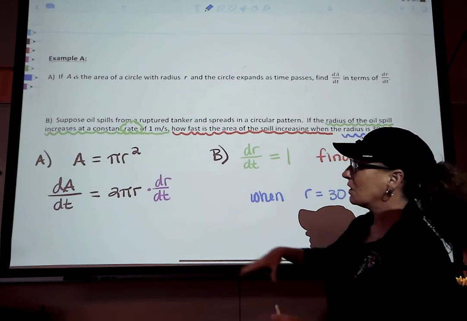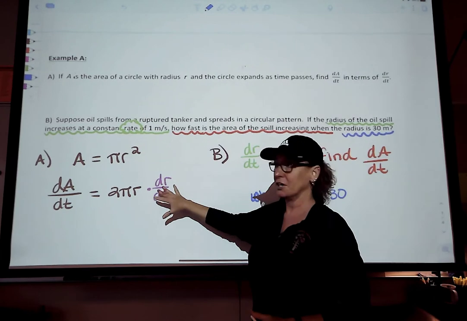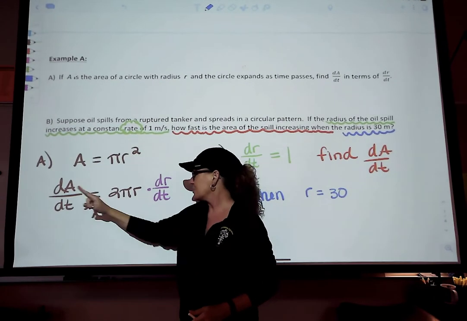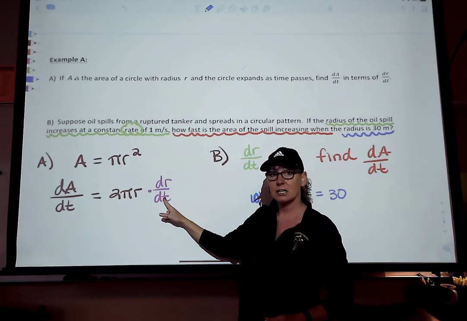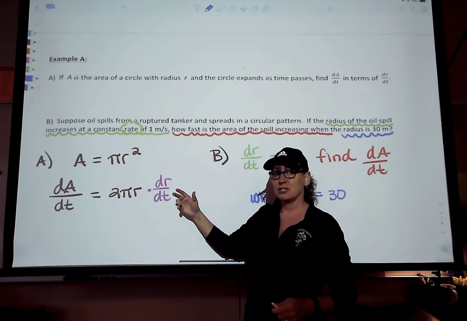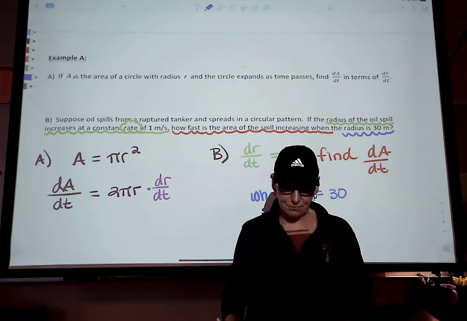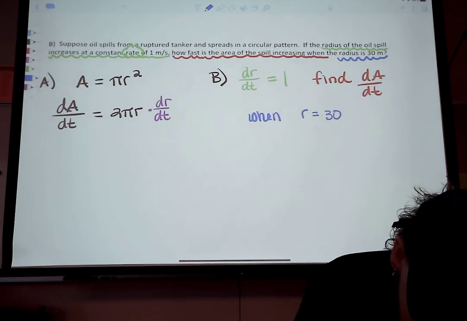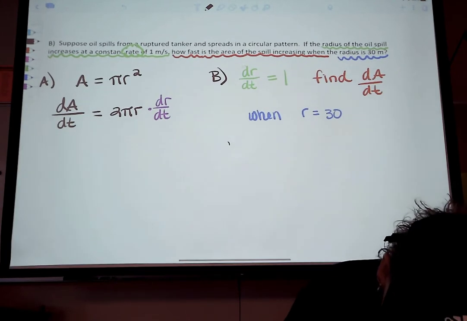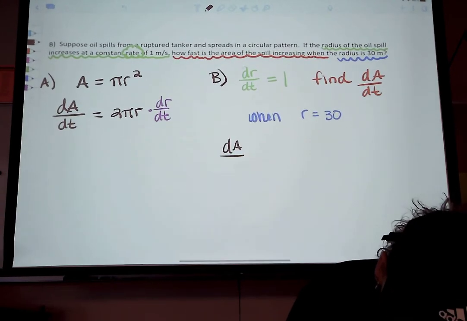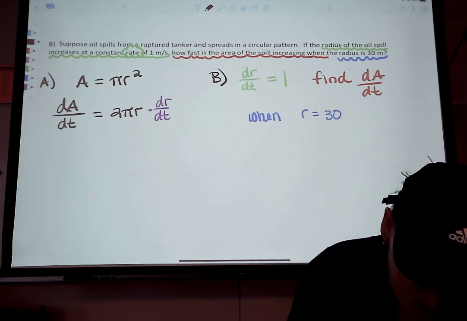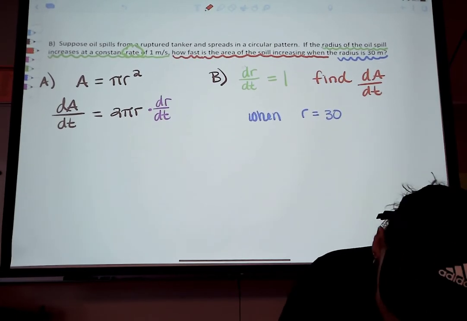So here's what I'm going to do. We've already got the problem set up over here. We wrote our area formula. This is how the area changes, and this is how the radius is changing. All we have to do is sub in those numbers. Hang on a second. I'm going to copy this equation and color code it for you.